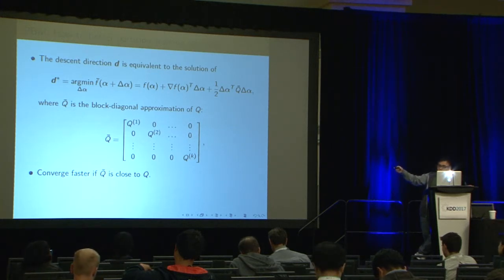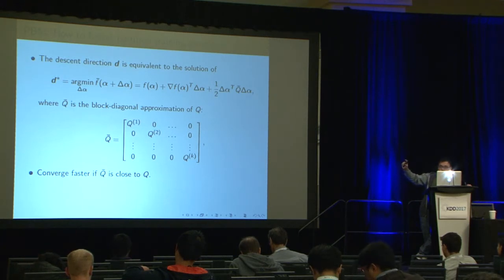But if you try to do the distributed update, then it's equivalent to solving another function where the kernel is replaced by this block diagonal kernel. So you try to set every term between the different parts of your variable to 0. So you only keep the diagonal blocks here.